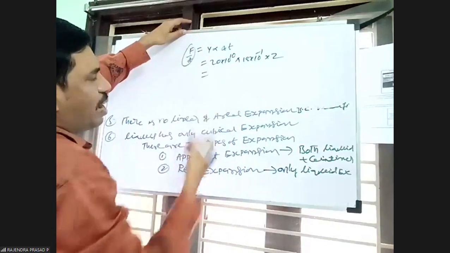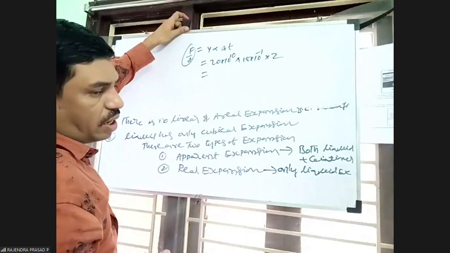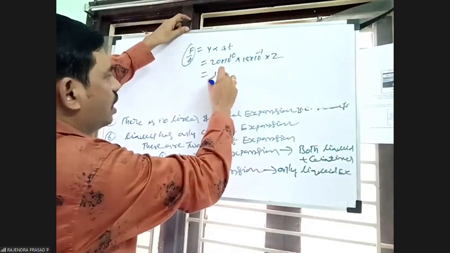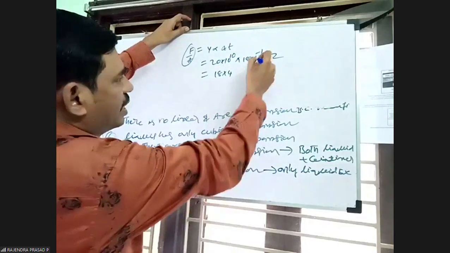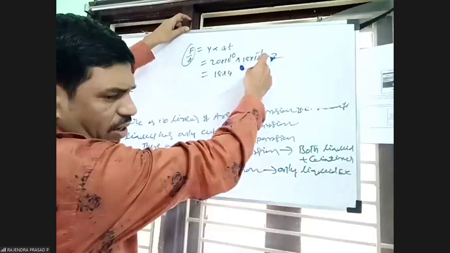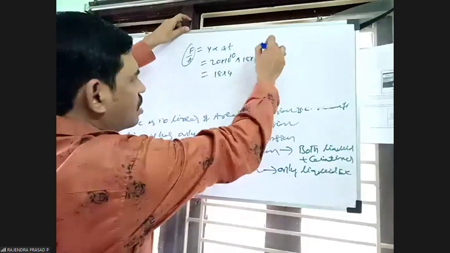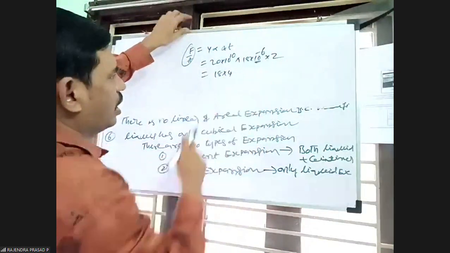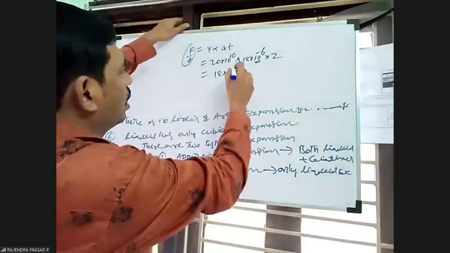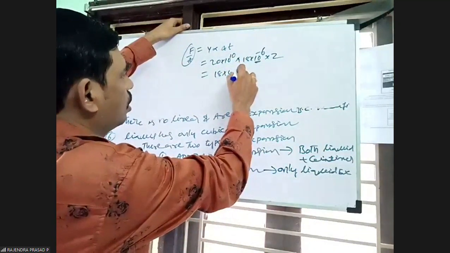Thermal stress is only F by A, without using Y and A values. 2 into 18 is 36, then into 20 gives 72.